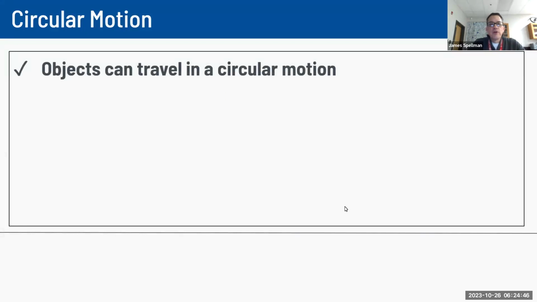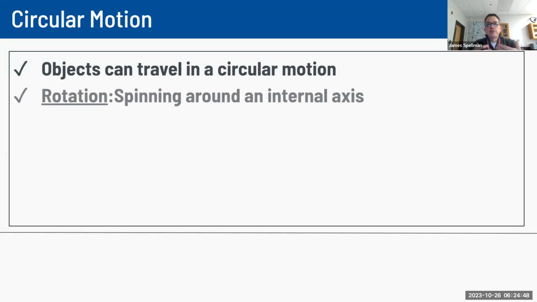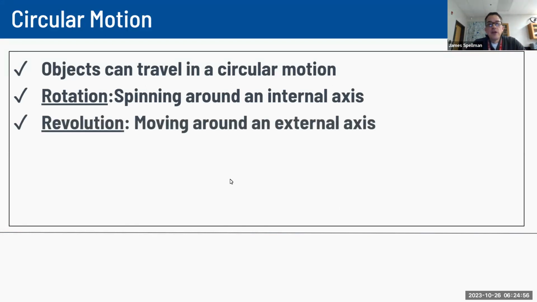Okay, so obviously objects can travel in a circular motion, not just a straight line, and there's a couple different ways they can do this. One is through rotating, and the other is through revolving. Sometimes these are kind of confusing. Rotation is when something is simply spinning. If this marker is spinning around like this, we would say that it is rotating, whereas a revolution would be more of it spinning around some kind of central point.